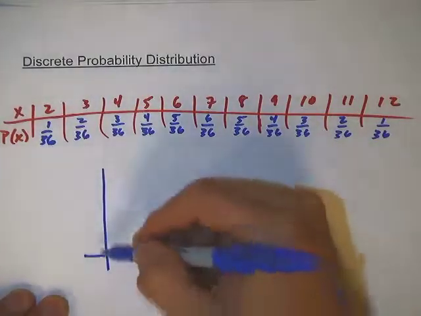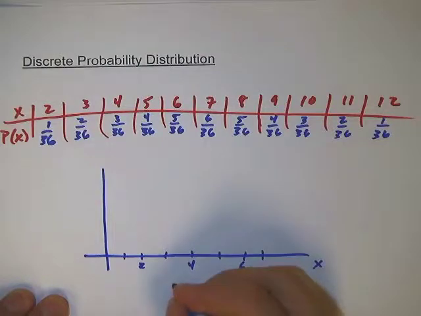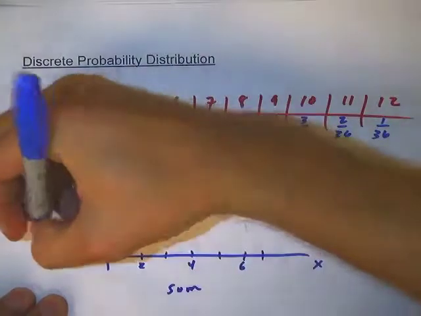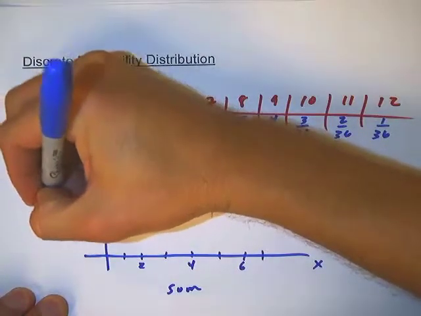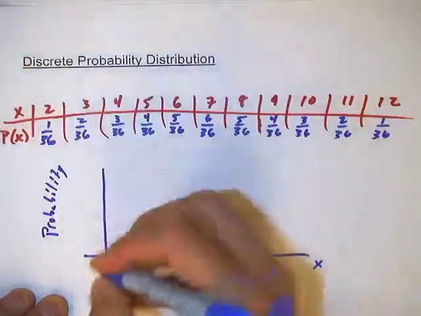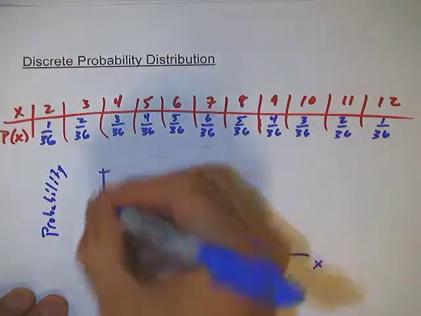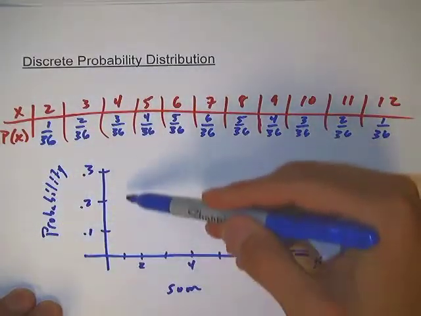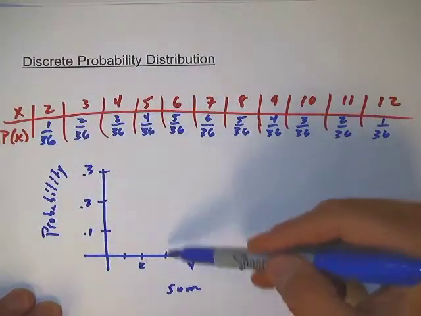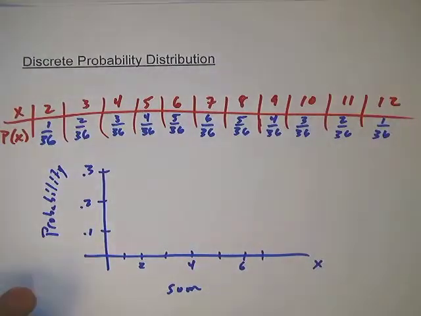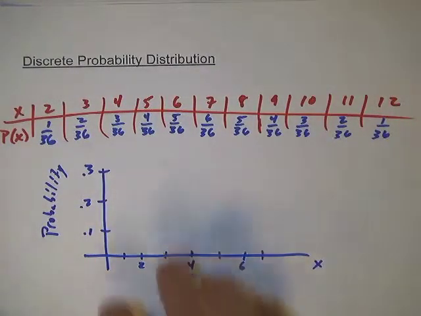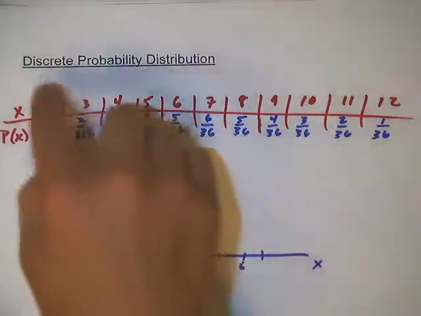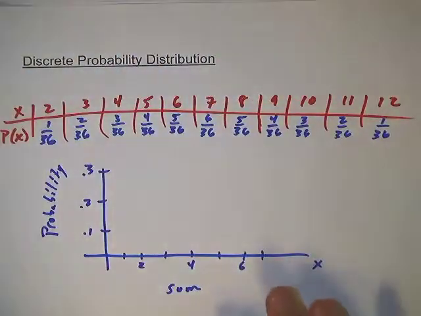This would represent my sum, and then on this axis I can represent the probability. Maybe I would go 0.1, 0.2, 0.3, and then draw bars up to the different probabilities for each of these. Again, I won't continue doing that, but that's how we would make a histogram. It can also be a type of discrete probability distribution.